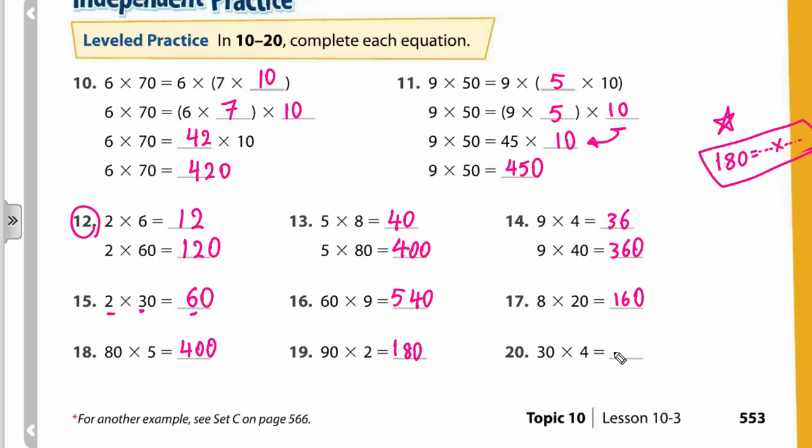I'm here, teacher. Quickly. 30 times 4. 30 times 4 equals 120.